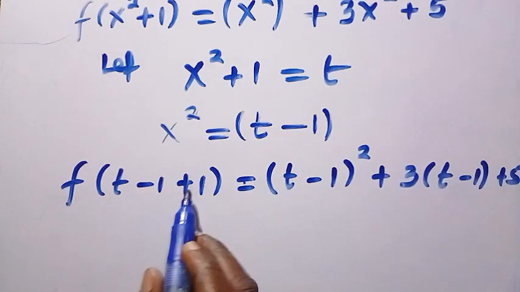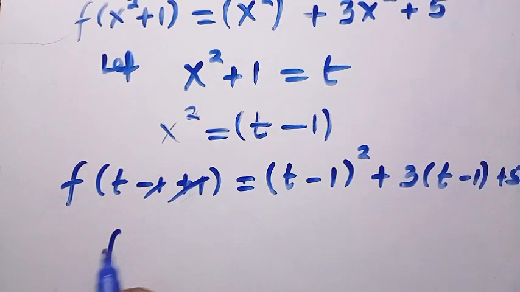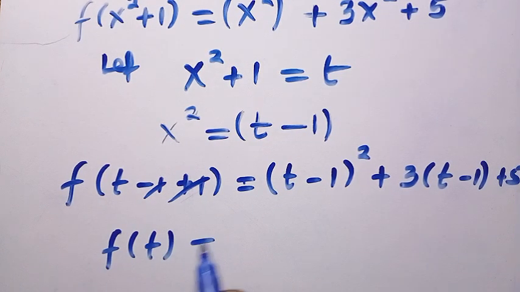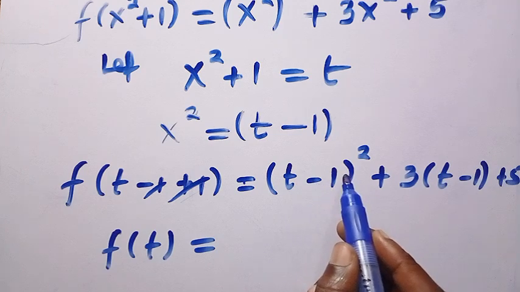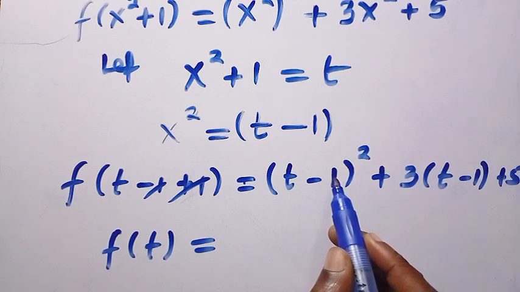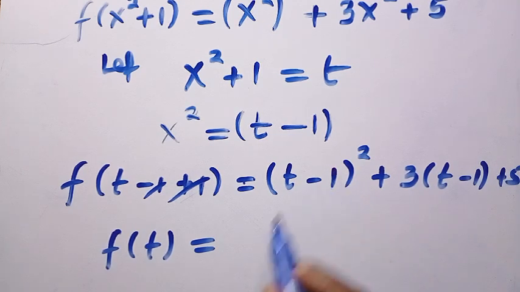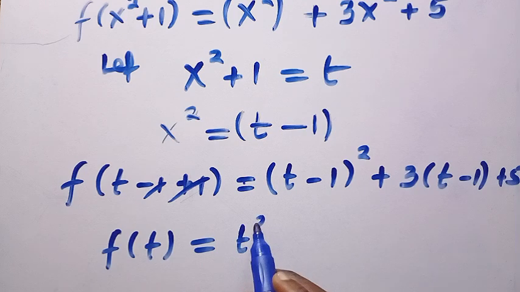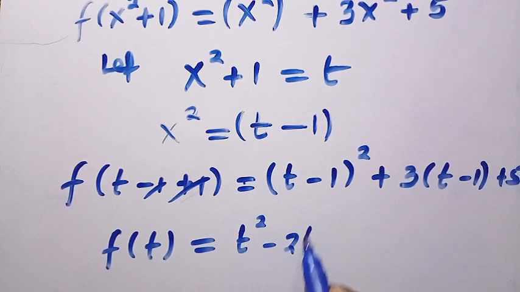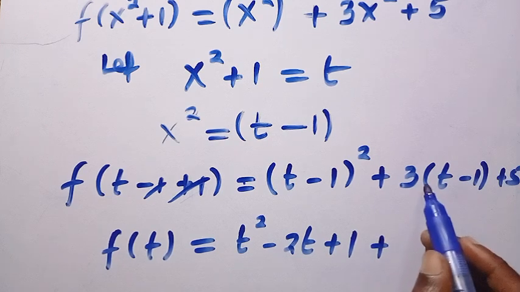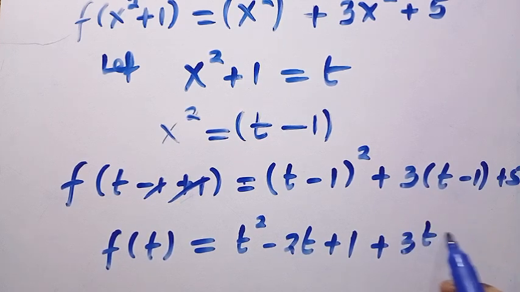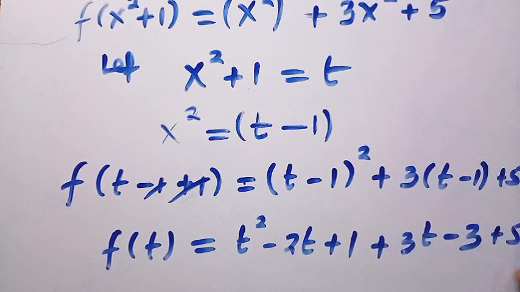We have minus 1 plus 1 cancelled. We have f of t equals t minus 1 squared. It means we are multiplying this by itself, two times. And when we multiply, we are going to have t squared minus 2t plus 1. And also we have plus 3 times t, that is 3t, minus 3 times 1, that is 3. Then here is plus 5.